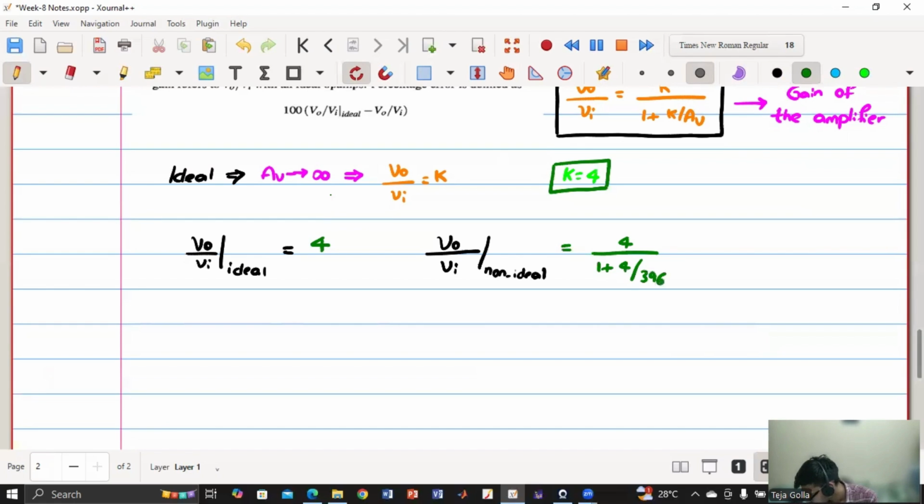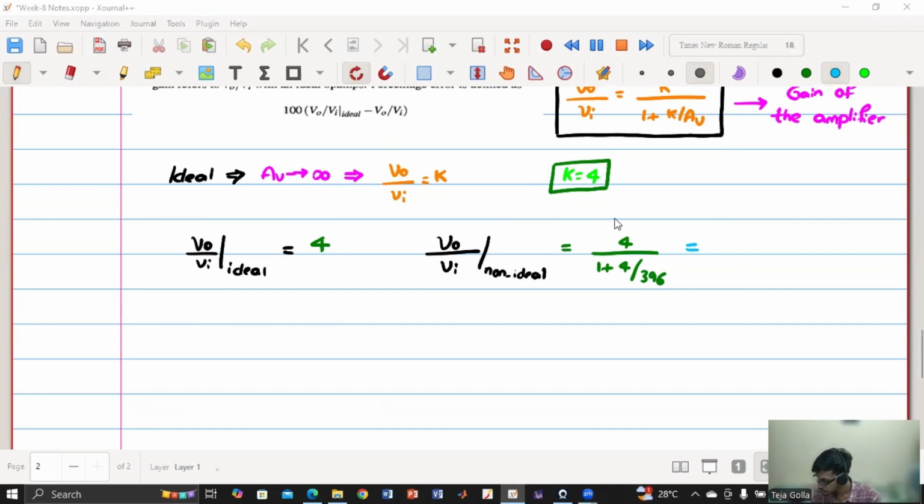So can you tell me what will be the value of this? Anyone who has a calculator, can you check and let me know? Yeah, so someone has mentioned 3.96.